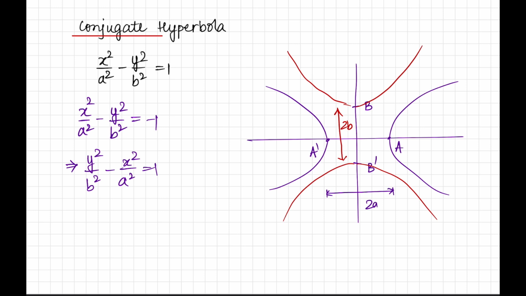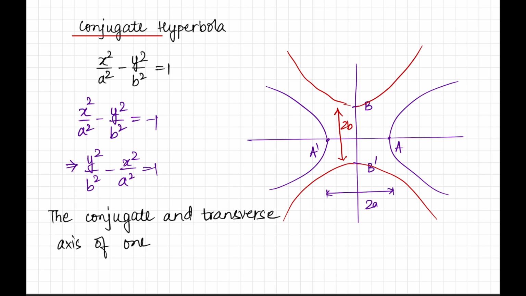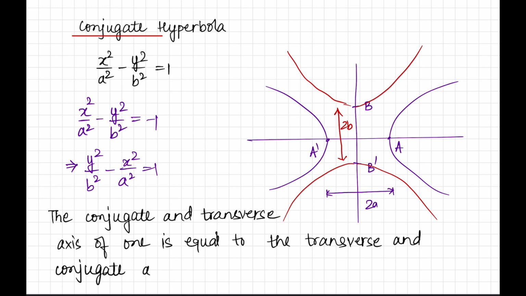So this new hyperbola is such that the conjugate and transverse axis of one is now equal to the transverse and conjugate axis of the other.